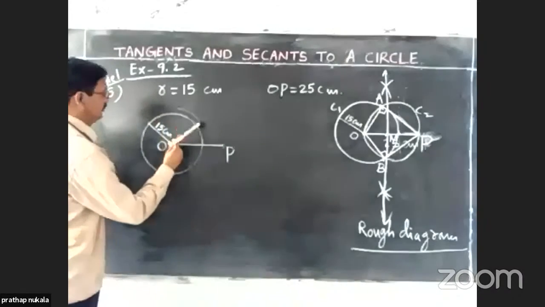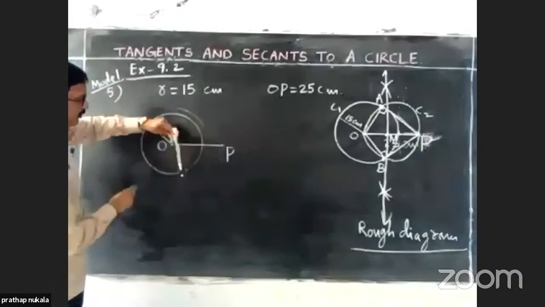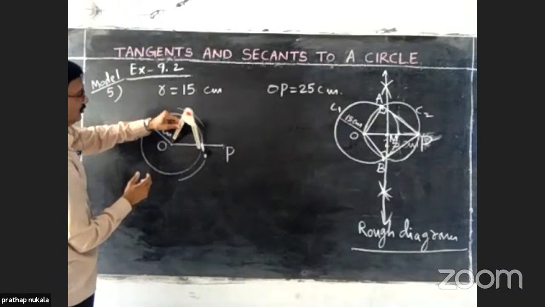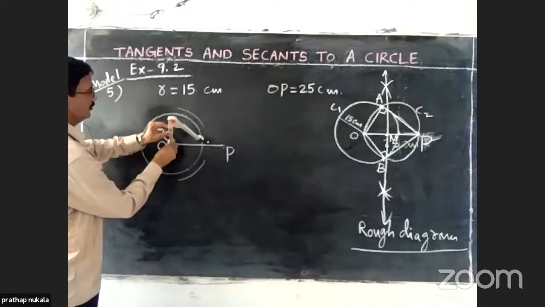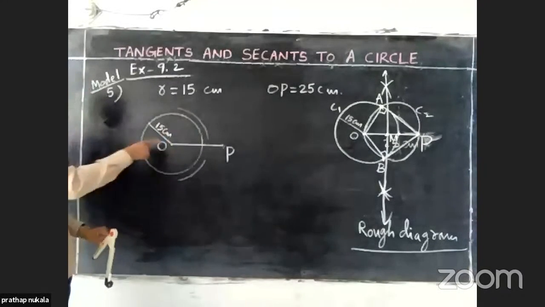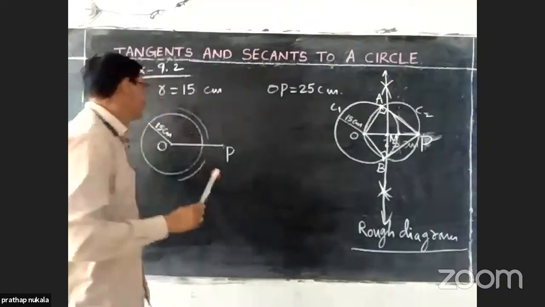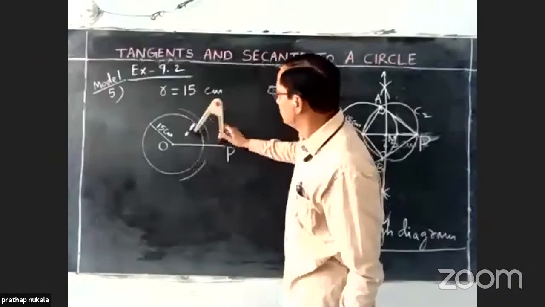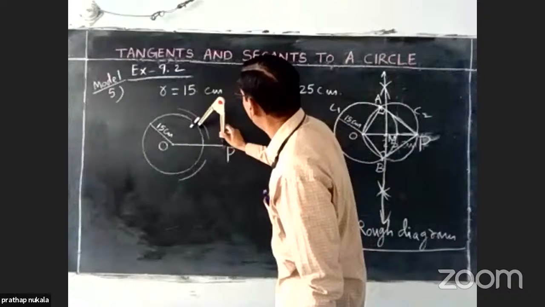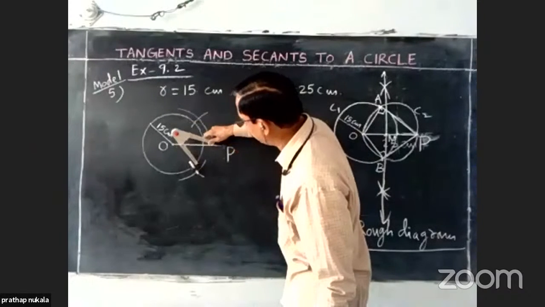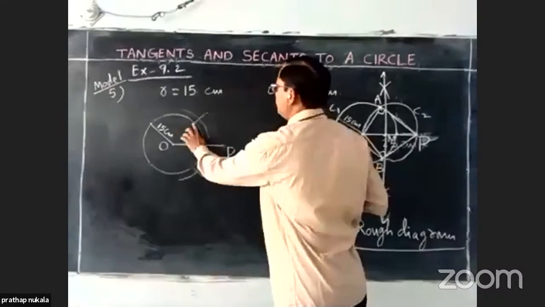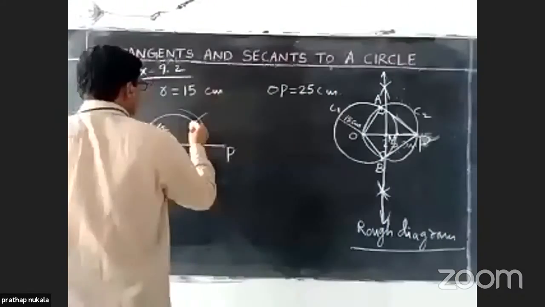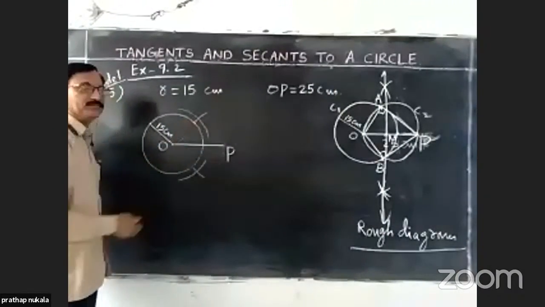Draw an arc above OP and below OP from O. With the same radius from P also, we draw two arcs above OP and below OP. We have drawn two arcs from O and P with the same radius.